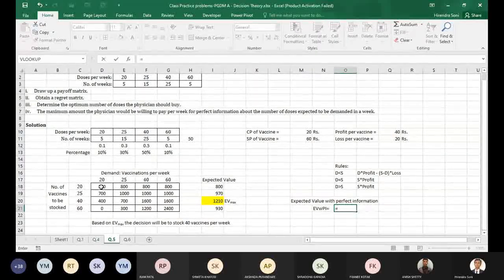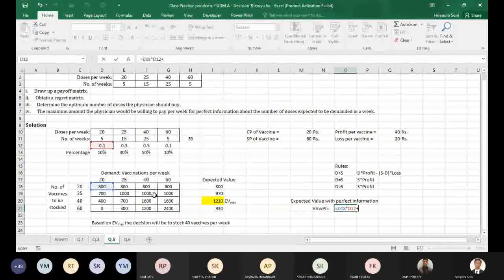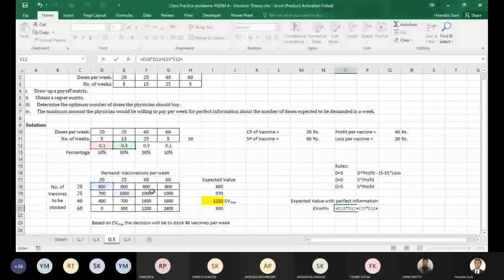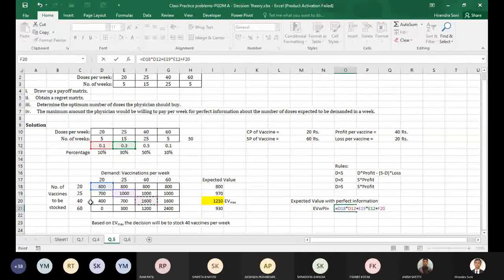So it would be 20 vaccines I have and 20 patients come in into the probability of it, plus 25 patients I have and 25 patients will only turn up into its probability, plus 1600, that is for 40 vaccines I have and 40 patients turn up.